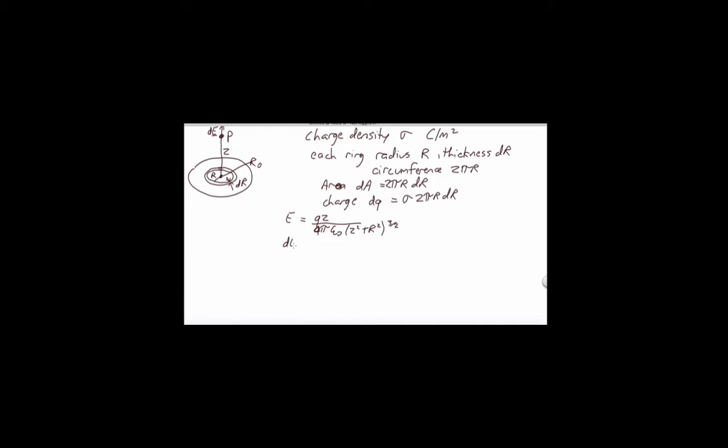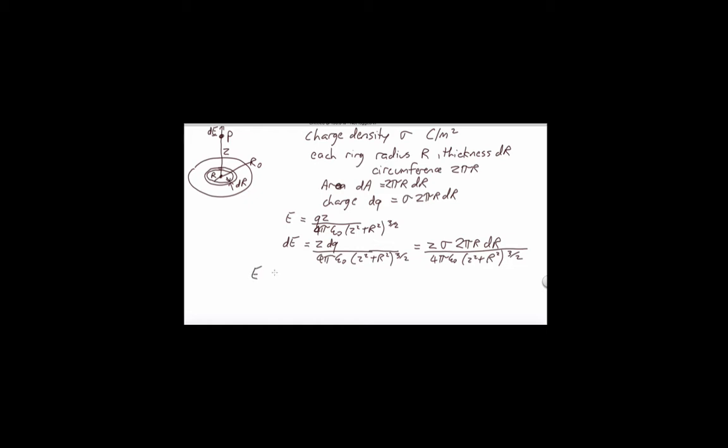So for this problem, that is going to be the field due to the thin ring, which is z times dq over 4 pi epsilon naught, z squared plus r squared to the 3 over 2, which is going to be z times sigma times 2 pi r dr over 4 pi epsilon naught, z squared plus r squared to the 3 over 2.